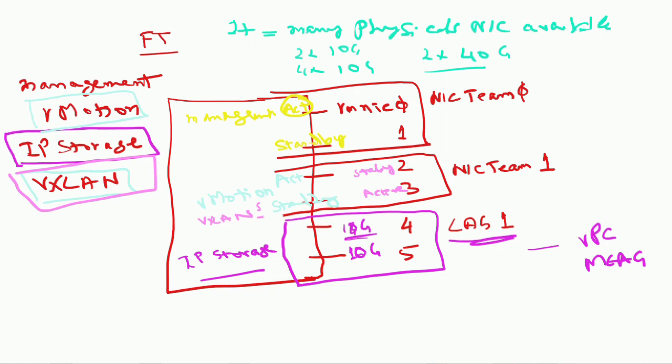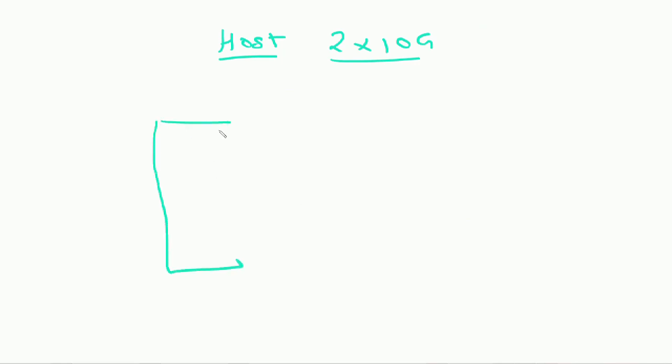So I'm going to clear this, and we're going to look at the situation from a host perspective, where you have say 2 10 gig adapters. Your physical switch is right here, and because one switch takes control of the physical adapters, in this case if you have only 2 of them, you probably have only one switch, VMNIC 0 and VMNIC 1, and each of them is 10 gig physical.